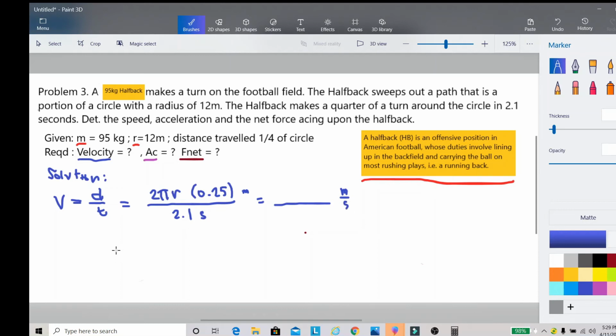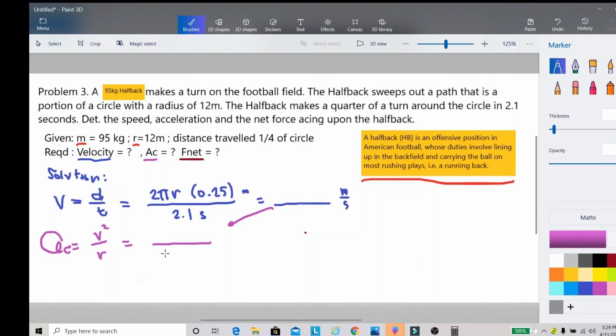Okay. Now, upon knowing the velocity, we can compute for the acceleration. So the acceleration, and that is a centripetal acceleration, of course. That is actually v squared over r. Okay. So whatever is the value of this v squared here, that will be going here, and that will be divided by r.